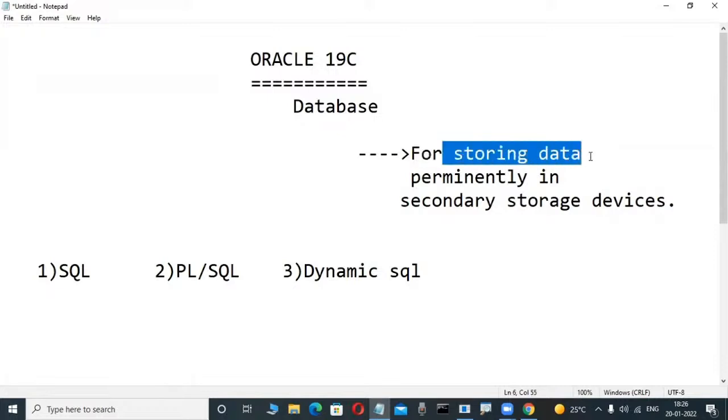They are thinking that as newcomers, but it is absolutely wrong. Not only storing data, there are so many things. Databases are not only for storing data, but efficient retrieval of data is also important. Suppose, for example, the screen, observe it.